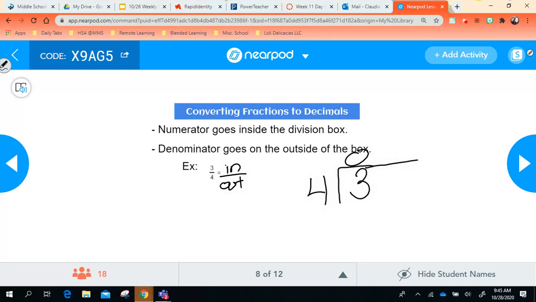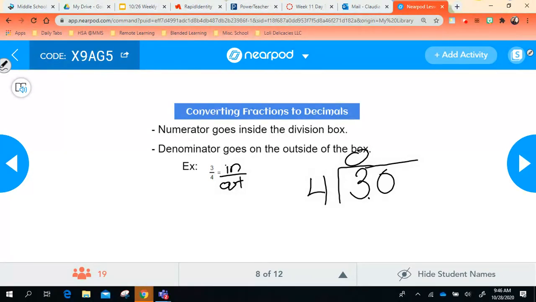Inside. But do I just put another 0, or do I have to put something before the 0? A decimal. So I have to do decimal 0, because anytime I add my first 0, you have to put a decimal. So now, does 4 go into 30? Yes. How many times?